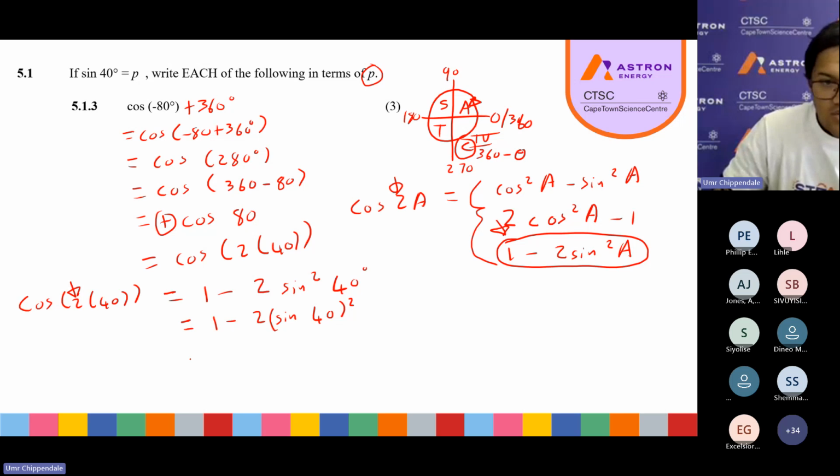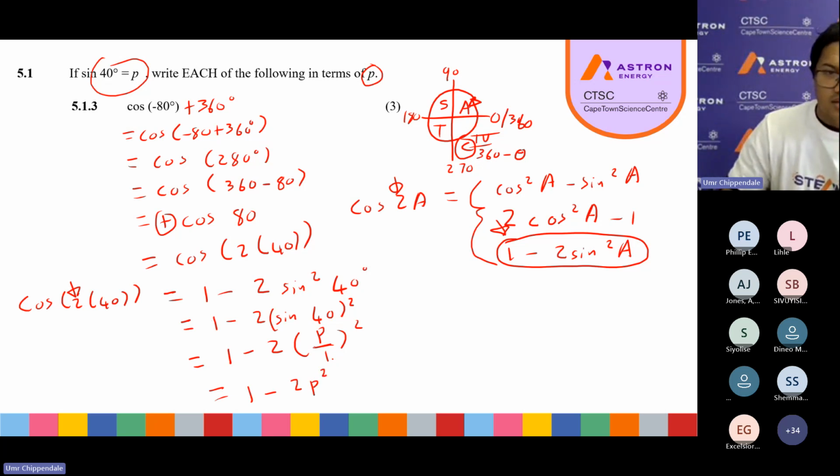So we write it again: 1 minus 2, and what was our sine 40? Remember, it was given over here. So we know that is actually P over 1, squared. So then we're going to square this over here. As you can see, this is divided by 1. So what you could then just say is this is equal to 1 minus 2p squared. And that is our answer.